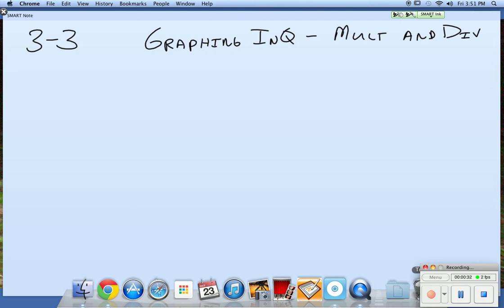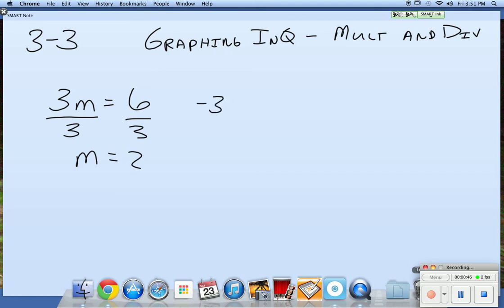Before, let's say we had 3m equals 6, and we divided both sides by 3. We're good to go, right? m equals 2. Or we did negative 3m equals 6, divide both sides by negative 3, and we'd say m equals negative 2.